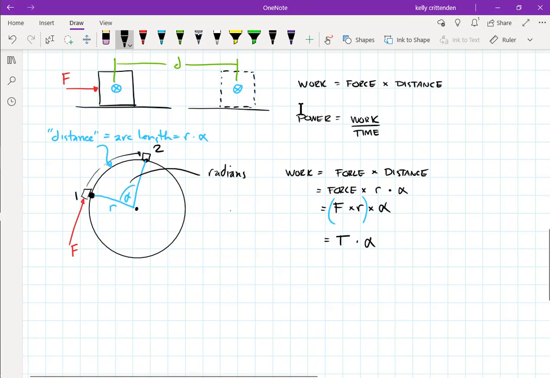And then work is still, oh, well, not work, power is equal to work per time. Time could be measured in anything, but a common unit is seconds. So my equation for work is torque times alpha, and time would just be seconds. And then if I group these two, alpha per second is radians per second, that's angular velocity.